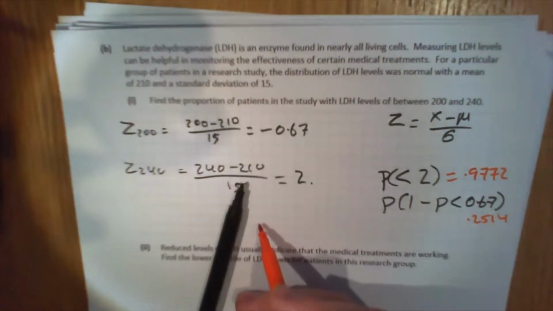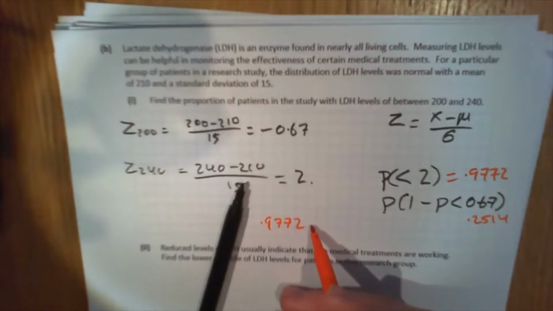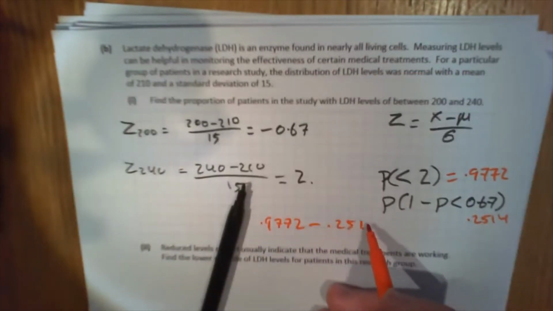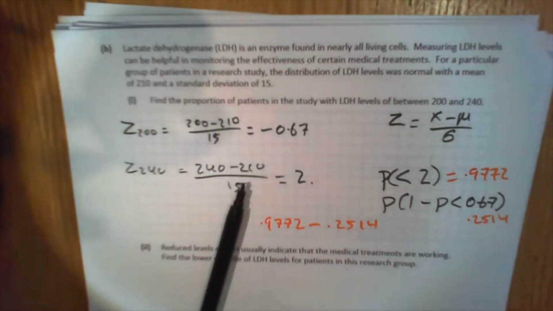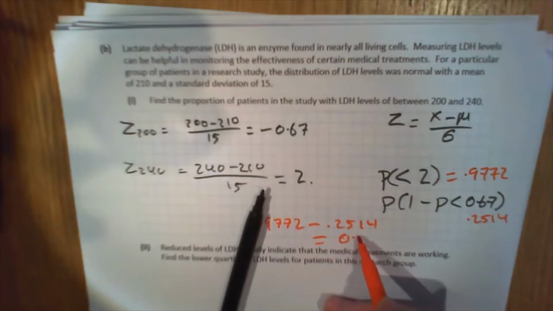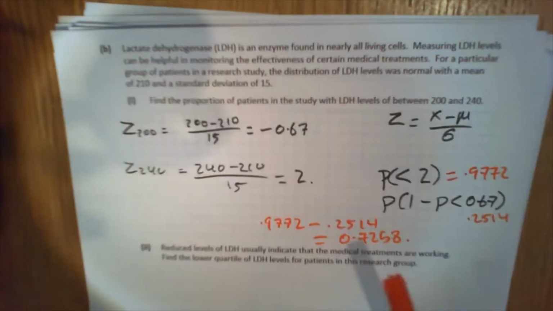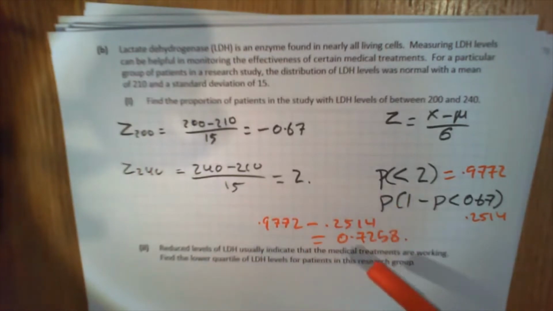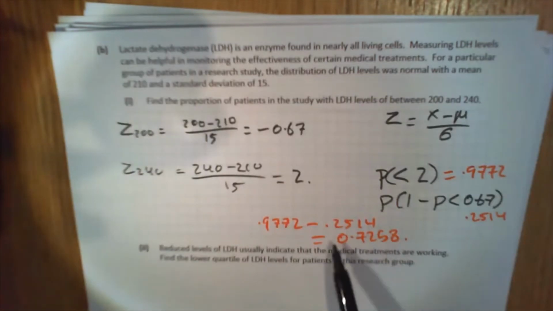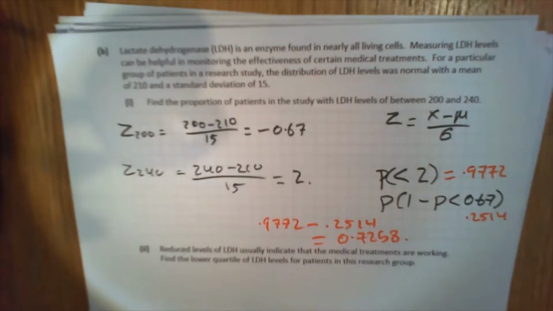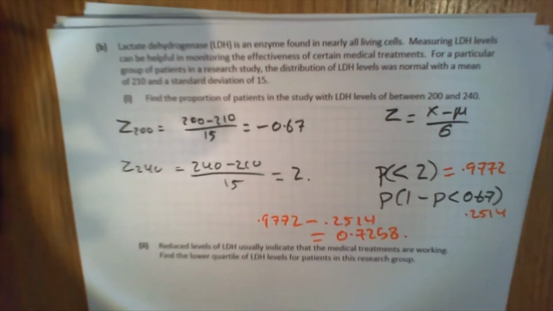So it's 0.9772 minus 0.2514, which is 0.7258. And that's the proportion that lies between. Okay, so that's a nice standard one.